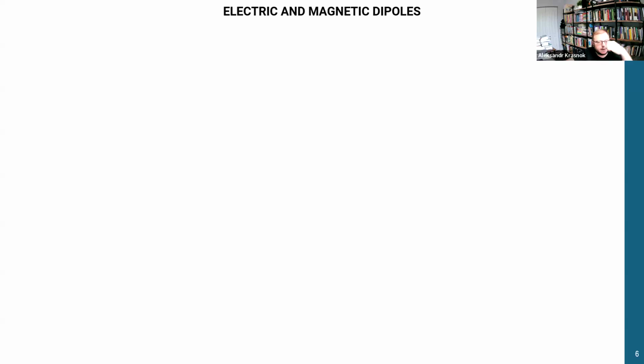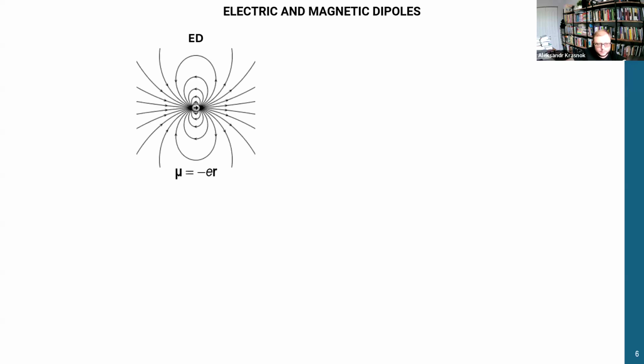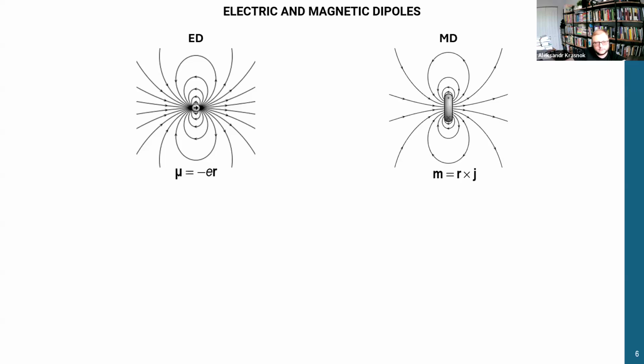Speaking about these effects, we need to introduce the concept of the elementary electric dipole and magnetic dipole. An electric dipole is a structure like this. It oscillates, like a positive and negative charge oscillating in time. If you look at this picture from a larger perspective, you will see how it radiates electromagnetic fields.